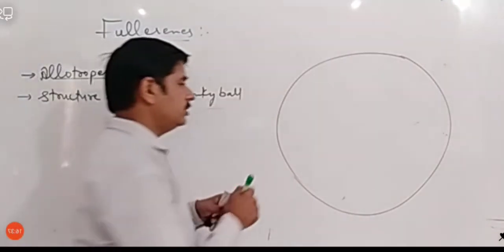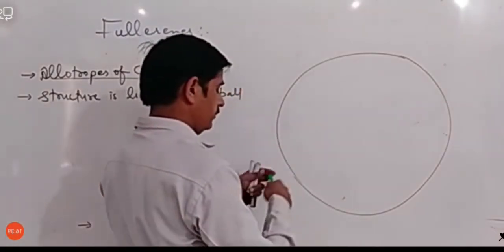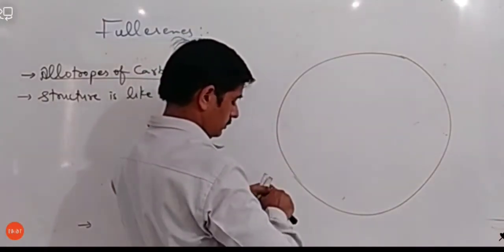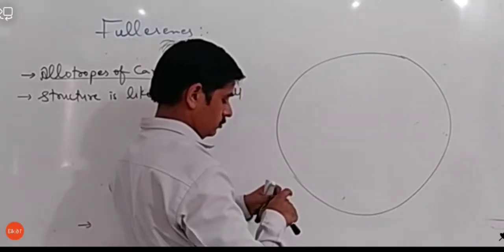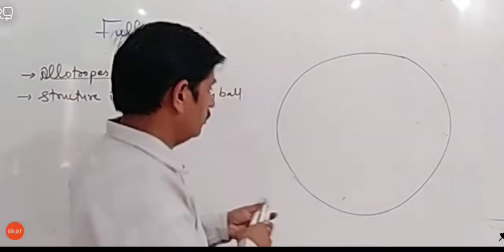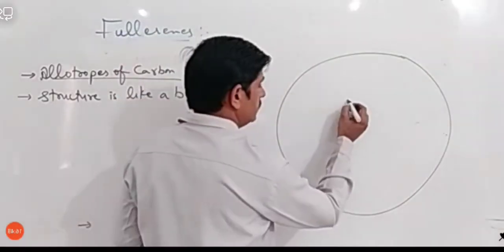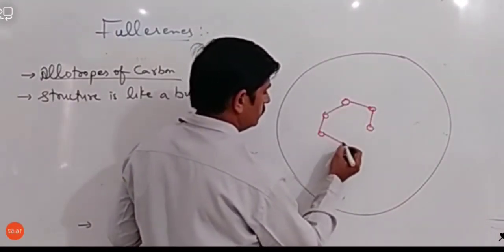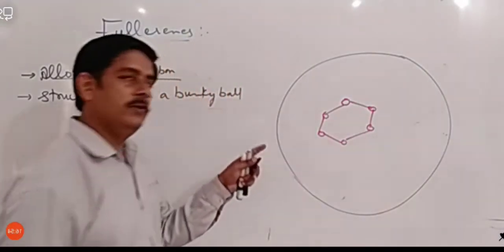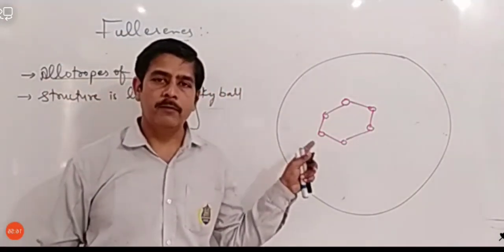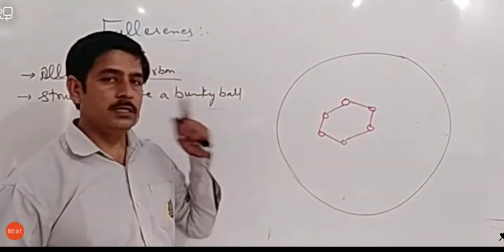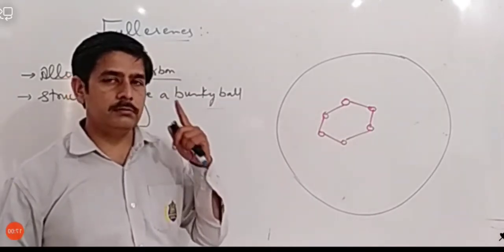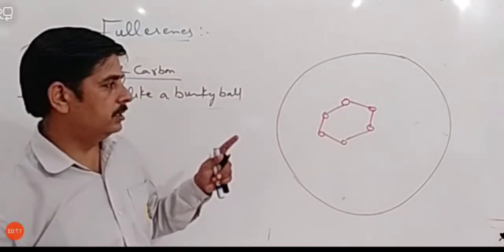One of the formations is formed by six carbons: 1, 2, 3, 4, 5, 6. This is one of the formations present in fullerene. It is formed by 6, so it is a hexagonal shape.